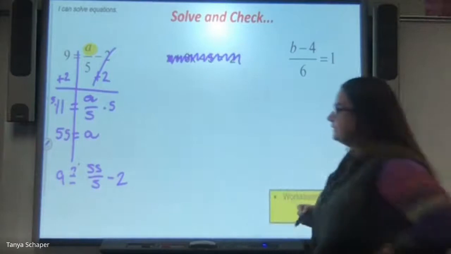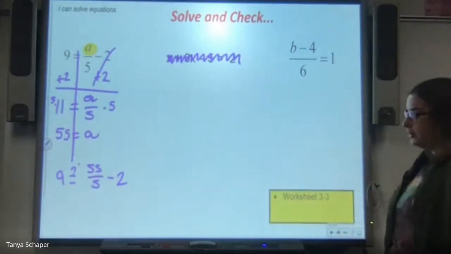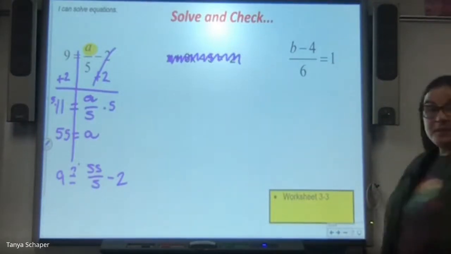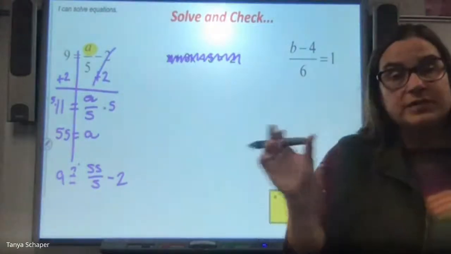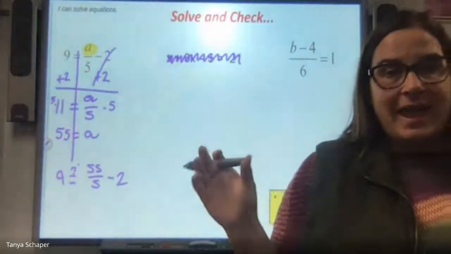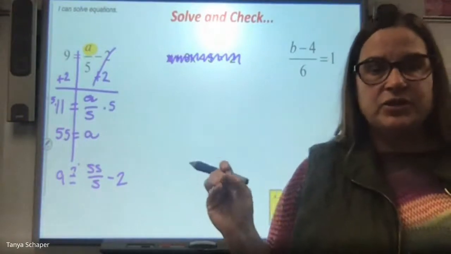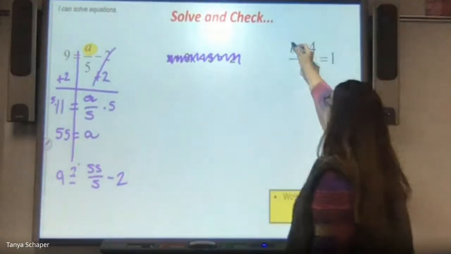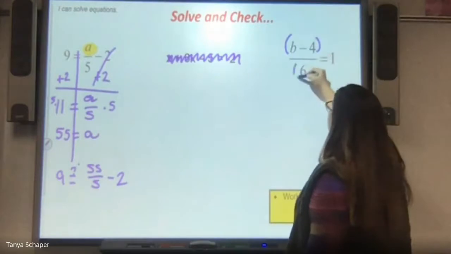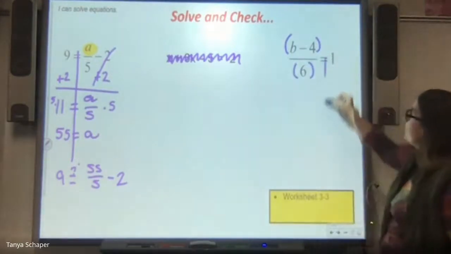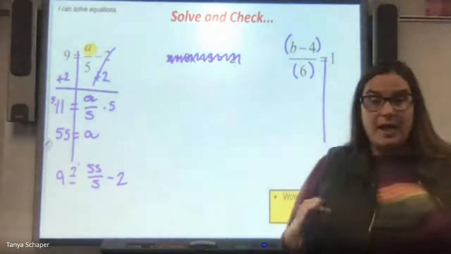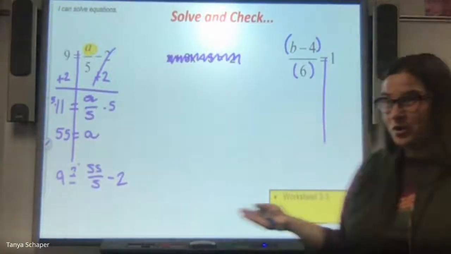Over here, looking at this problem, this is something we haven't seen before. We're using that fraction bar as a grouping symbol, like we talked about with the order of operations. So we have the numerator and we have the denominator. Both sides are simplified, so that part we're good with.